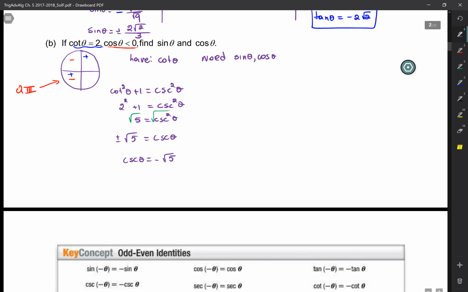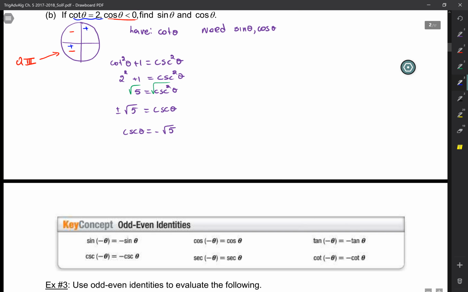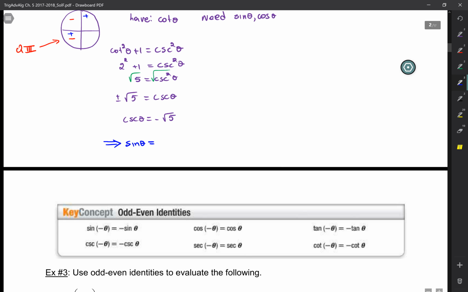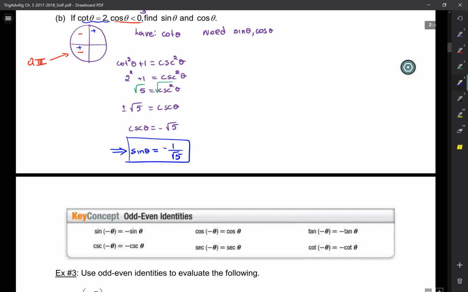So now, what's sine of theta then? How are sine and cosecant related? 1 over. So it's negative 1 over root 5. And you can just leave it that way. Okay?